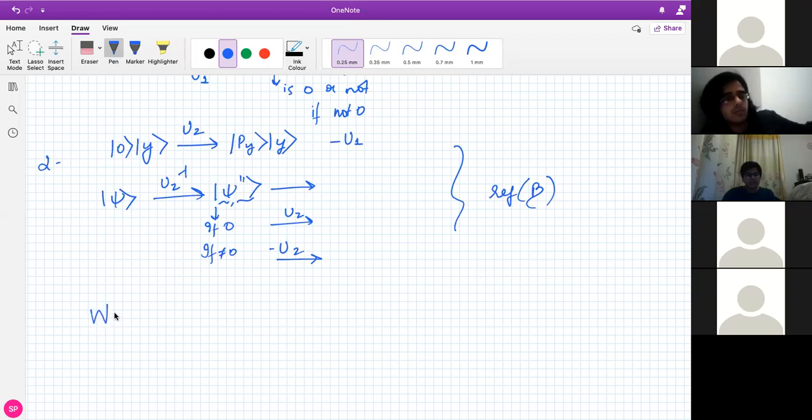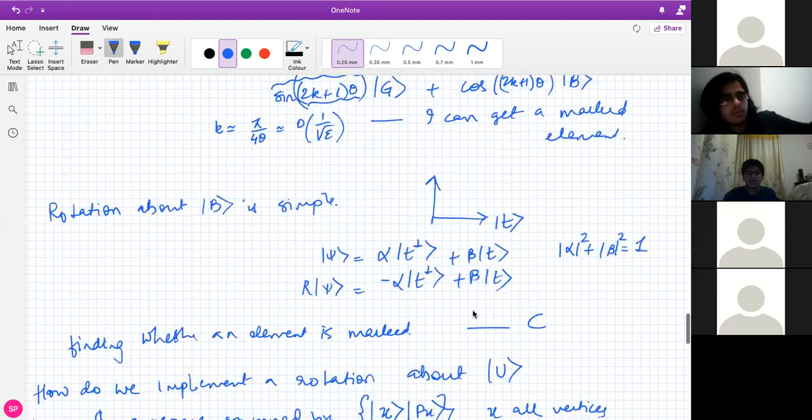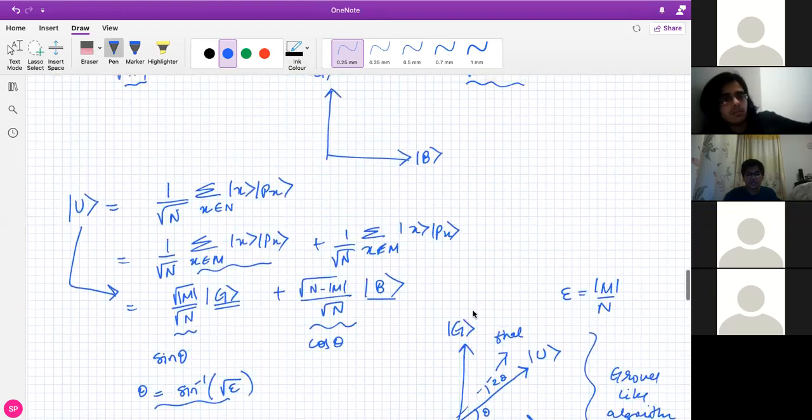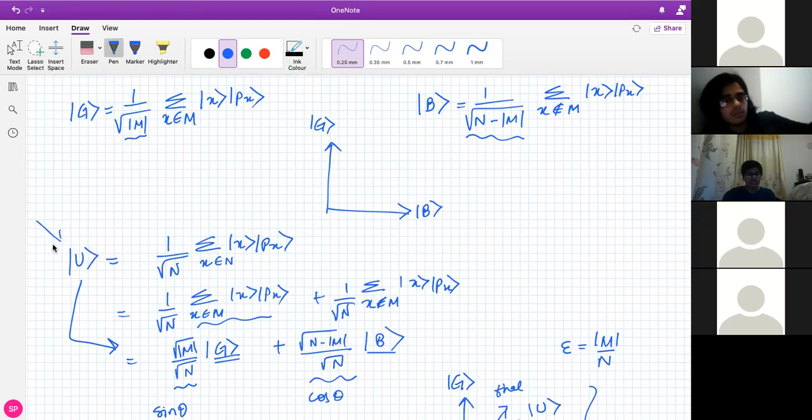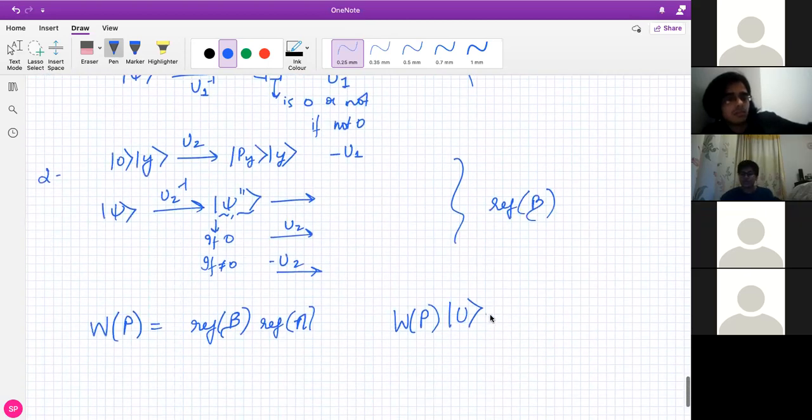Now, if you remember, my W_P was a unitary which was just the reflection of the B subspace and this. Now this W_P on my initial state, which was a superposition of all these vertices, this is my initial state, right? So if you notice, W_P on U is going to be just U, it is not going to be anything different.